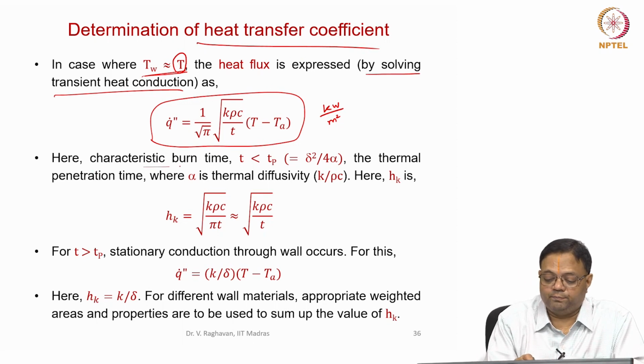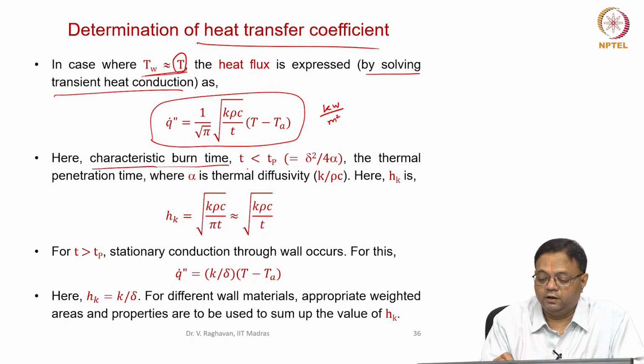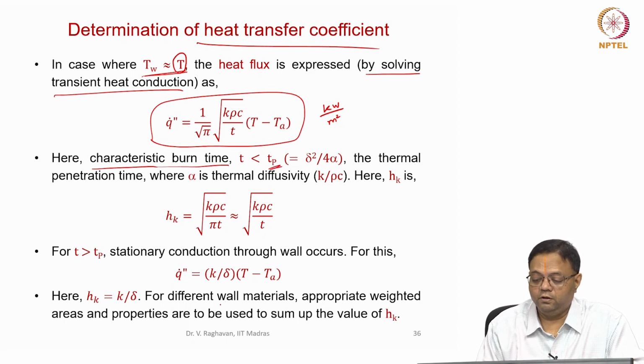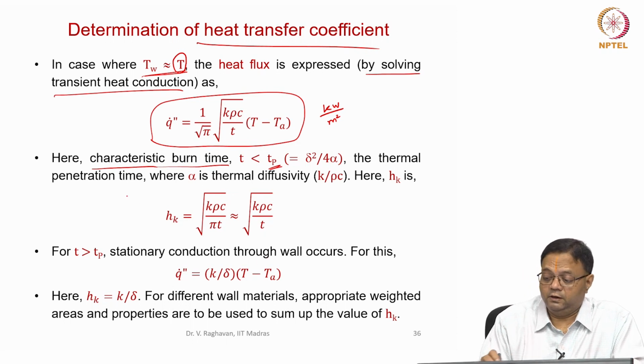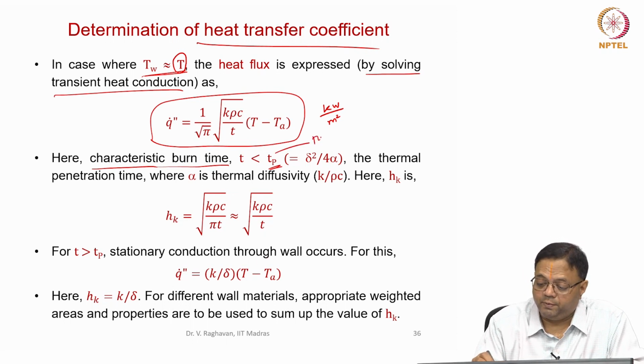Now the characteristic burn time is less than Tp, that is delta square by 4 alpha. The Tp is the thermal penetration time.